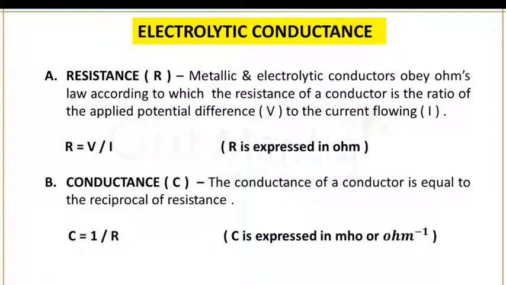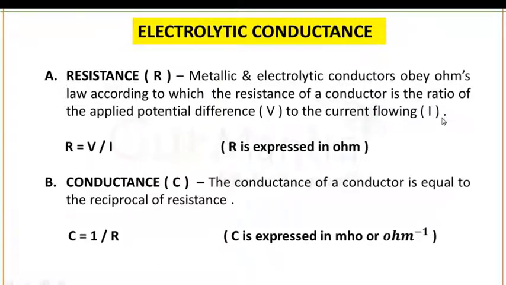Number one term is resistance. Resistance is denoted by the symbol capital R. Metallic and electrolytic conductors obey Ohm's law, according to which the resistance of a conductor is the ratio of the applied potential difference V to the current flowing.